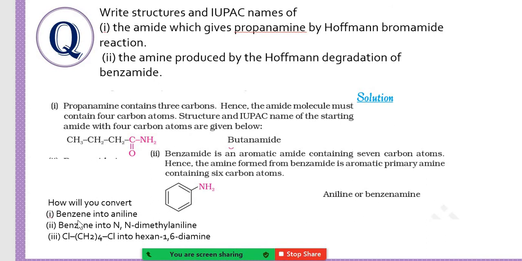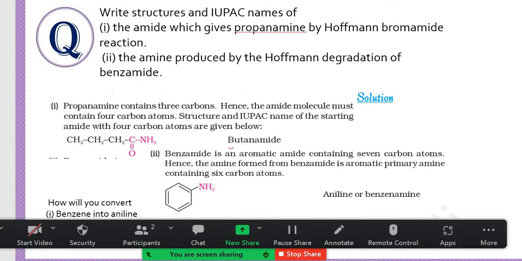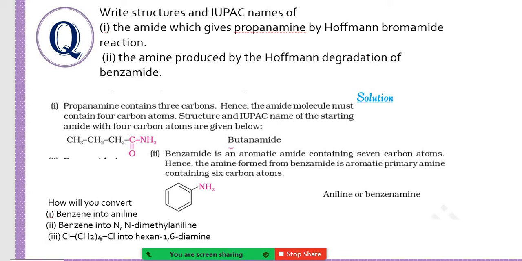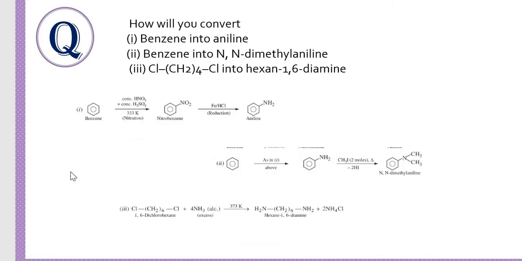Do these conversions. Convert benzene to aniline, benzene to N,N-dimethylaniline, and Cl(CH2)4Cl to hexane-1,6-diamine. So for the first one we'll do nitration and then reduction.